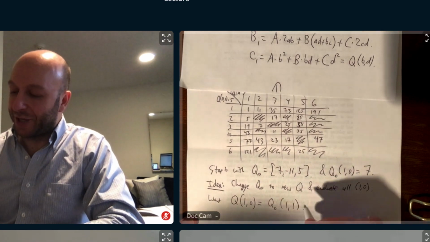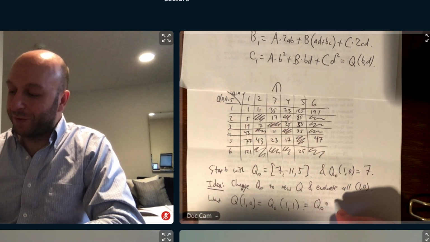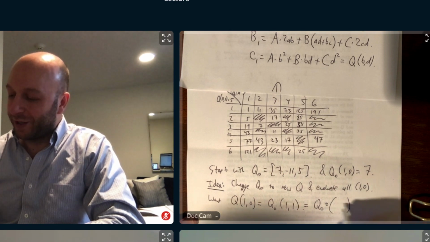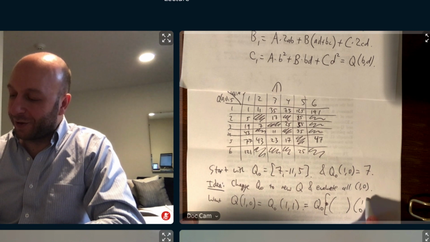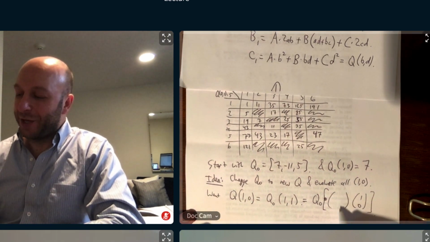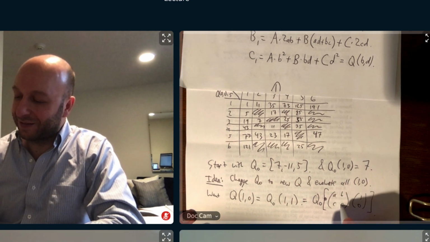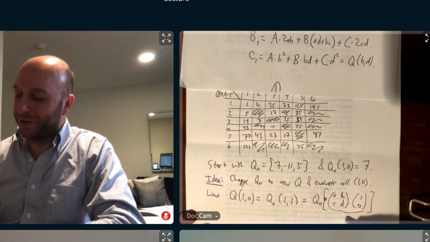But that means it should be q0 composed with some matrix, evaluated. So q0 evaluated at 1, 0 composed with some matrix that gives the value 1, 1. So some A, B, C, D, so that this becomes 1, 1.